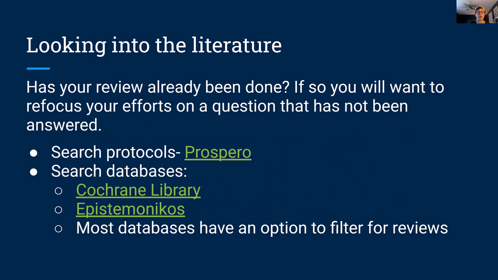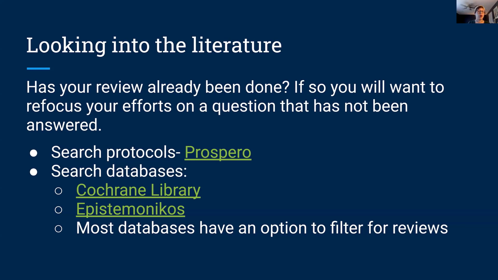So then once you have your research question, even before you talk to a librarian, even before you write your protocol, you're going to want to look into the literature on your own. One of the very first steps is to see if the review that you're proposing has already been done, because we don't really want to duplicate effort.